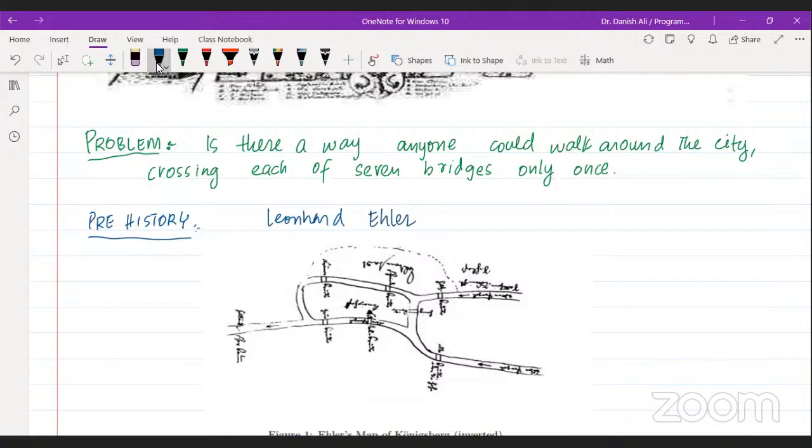This is Euler, not Euler. He's different from the Euler, but he writes a letter to Euler about the solution of this problem.